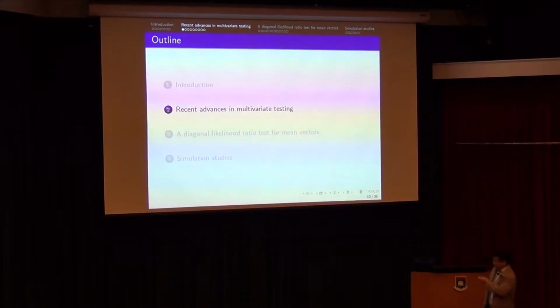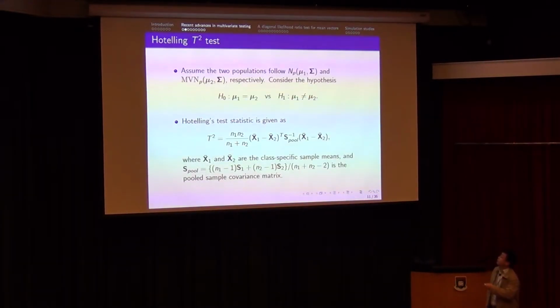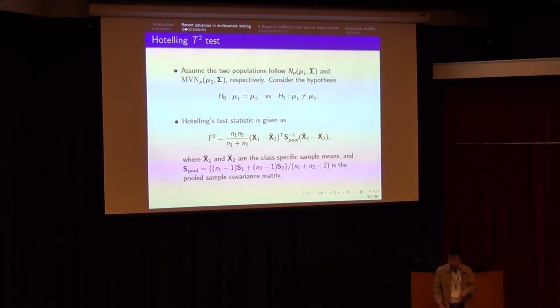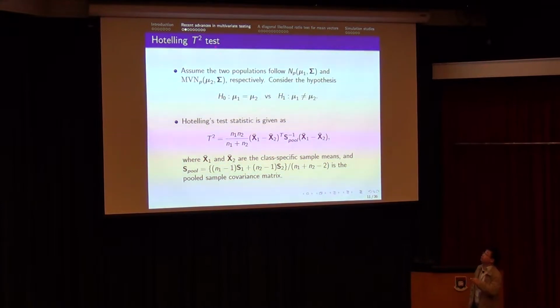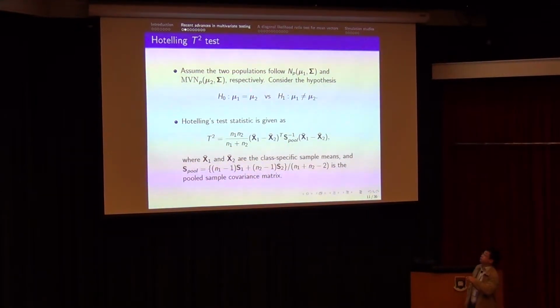Now, since we are talking about the gene set, let us look back at statistics. We know the very early and most famous test, the Hotelling T-square test. If it were just a scalar, one dimension, we would go to either a t-test, or if we square it, the F-test.